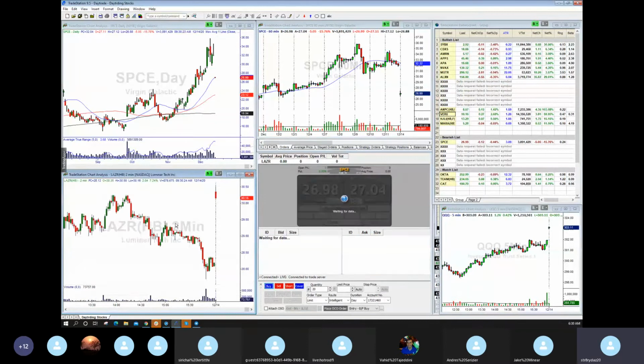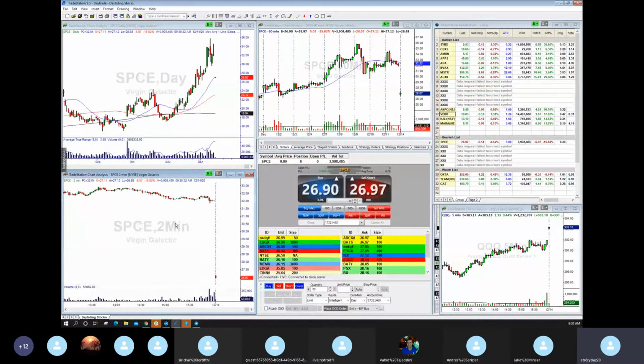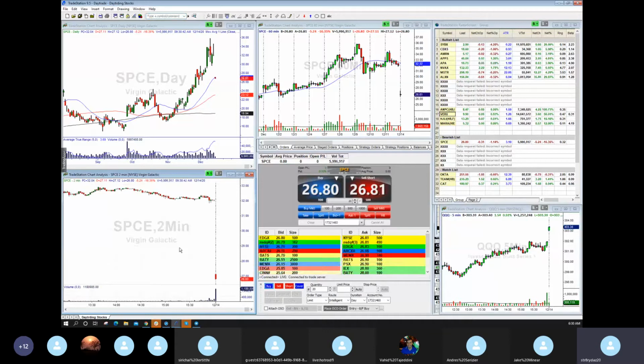Laser is also very good. Laser can get going here. Space is the best gap down, and it's under the 21 period moving average. It is spready, there's no pattern. It's a 1 minute chart. So I'm going to have a drink of my water here and let things set up.